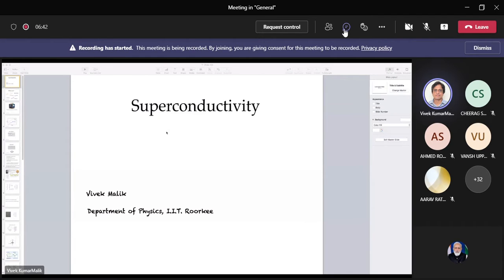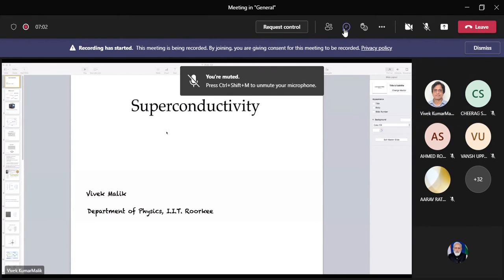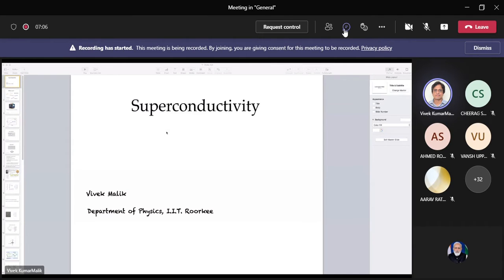For metals, if you change the temperature, the resistance would change. And how does it change? As you decrease the temperature, the resistance would also decrease. For insulators or semiconductors, if you decrease the temperature, the resistance would increase.